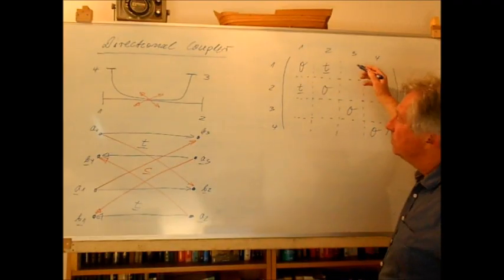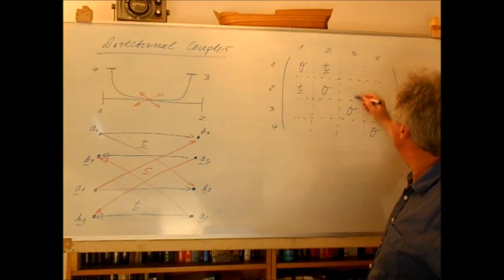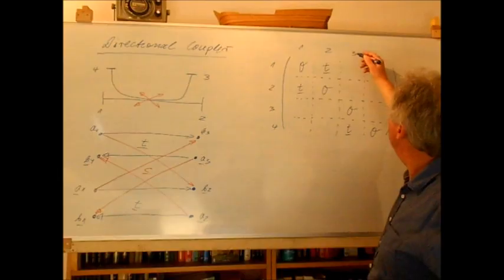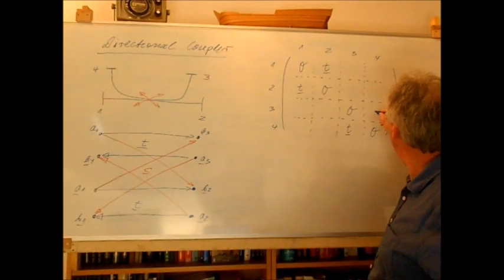We will have a transmission between port 3 and port 4, where we will have the T, and we will have a transmission between port 4 and port 3.